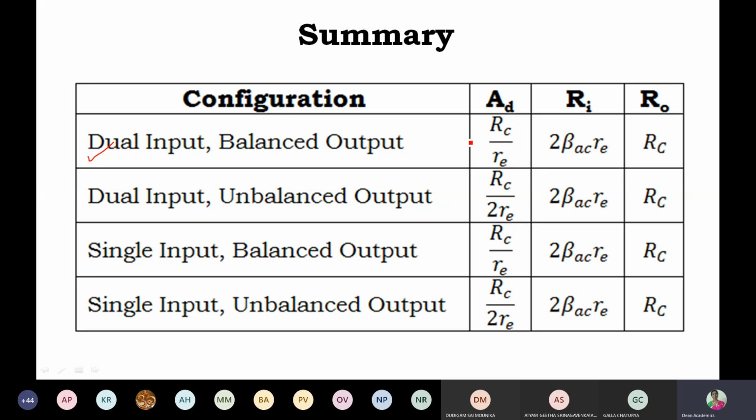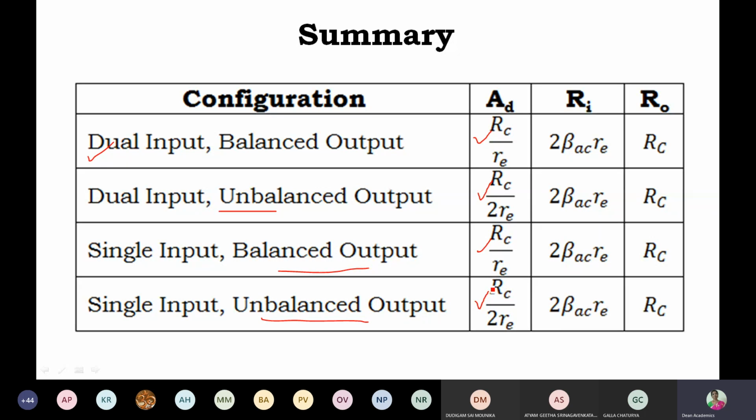If it is a balanced amplifier, differential voltage gain is equal to RC by RE. If it is an unbalanced amplifier, it is equal to RC by 2 RE, right? And similarly, for single input balanced output differential amplifier, today we have derived it is RC by RE. And just now we have derived single input unbalanced output differential amplifier, its differential gain is equal to RC by 2 RE.